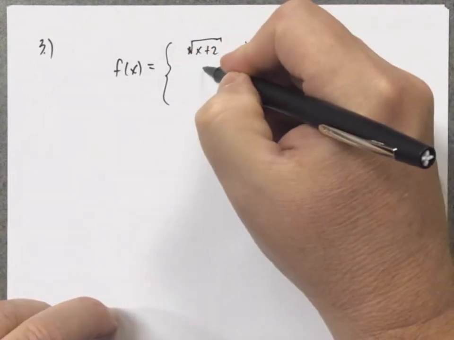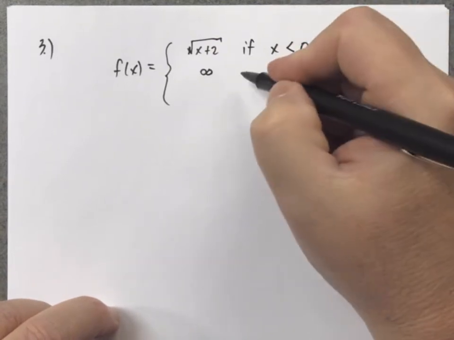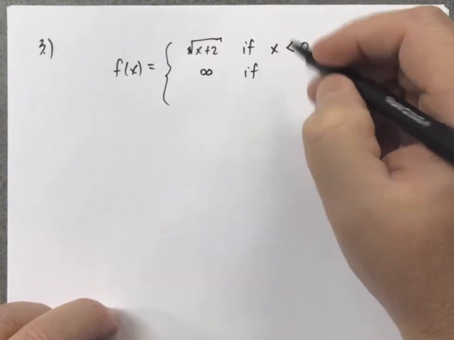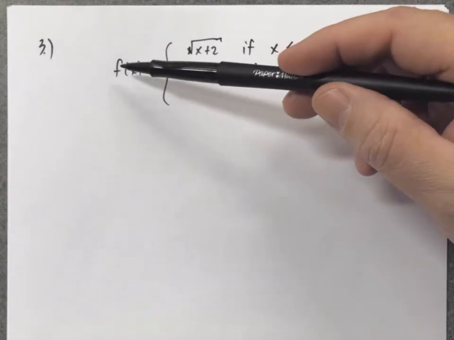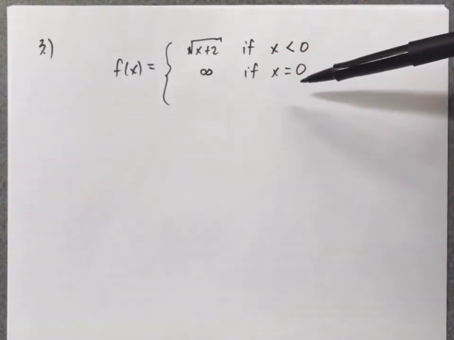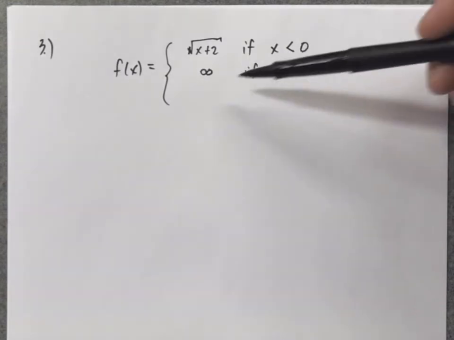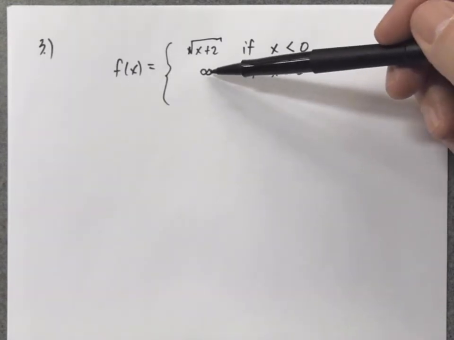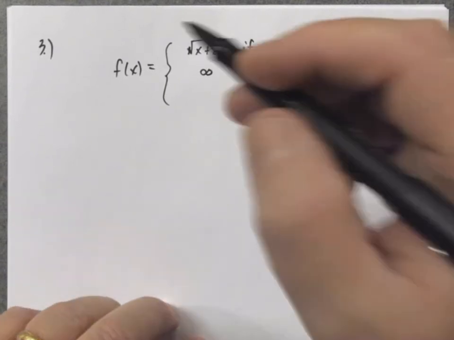Now we say the function is equal to infinity, which is interesting, if x equals 0. So if we're ever asked to find f of 0, then we would use this middle function. It basically says, hey, the function is infinity. All right, it's a little different, but it's okay.